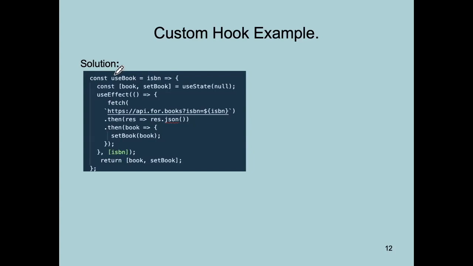And I've told you before that you can only invoke a hook at the top level within a component. You can't bury a hook invocation inside, let's say, an if statement or a for loop. That's not permitted. I never went into the details as to why, it would require a bit more understanding of JavaScript, so we'll just have to accept that it is a rule you have to adhere to.